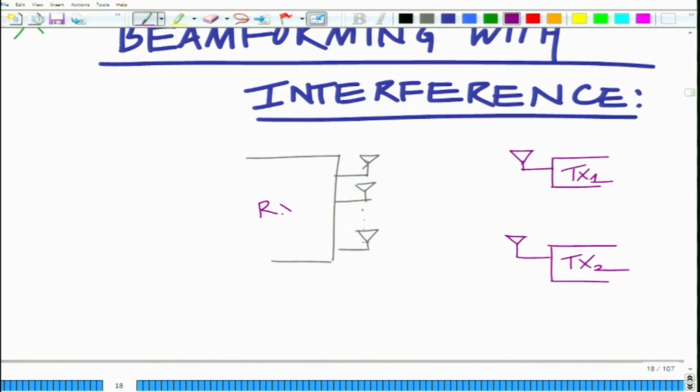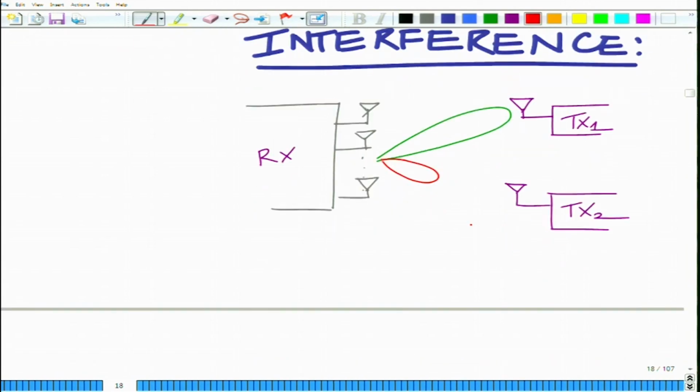So, this is the receiver. You want to form a beam in the direction of the desired user. At the same time, you want to reject the signal from an undesired user. So, this is, let us say, your interfering user.